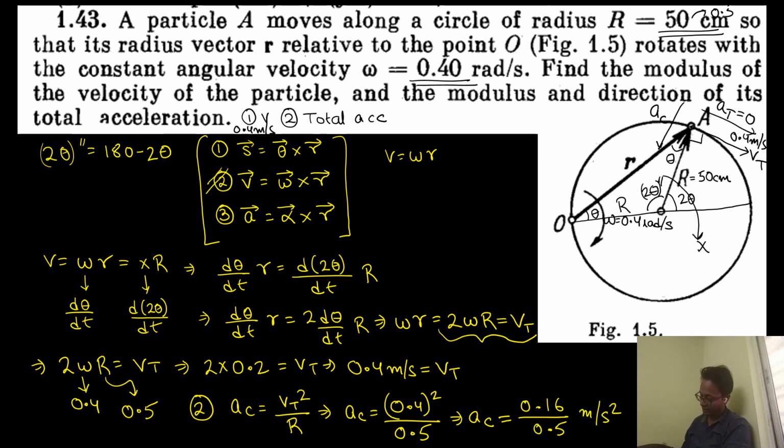Now since the tangential acceleration is equal to 0 and the centripetal acceleration is equal to this value, total acceleration is equal to the square root of this square plus this square, which is only the centripetal acceleration. So the total acceleration is nothing but the centripetal acceleration, 0.16 divided by 0.5, because the tangential acceleration is equal to 0. Understood the question?